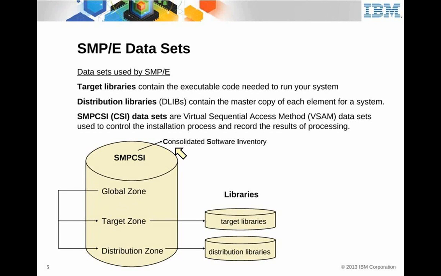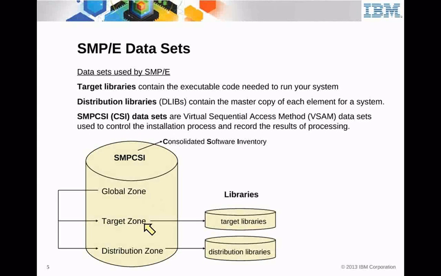And this Consolidated Software Inventory, typically known as the SMP CSI, really has control information in it, metadata. Well, there are other data sets. There are some data sets that belong to what's called the global zone. The global zone keeps information about the entire environment.